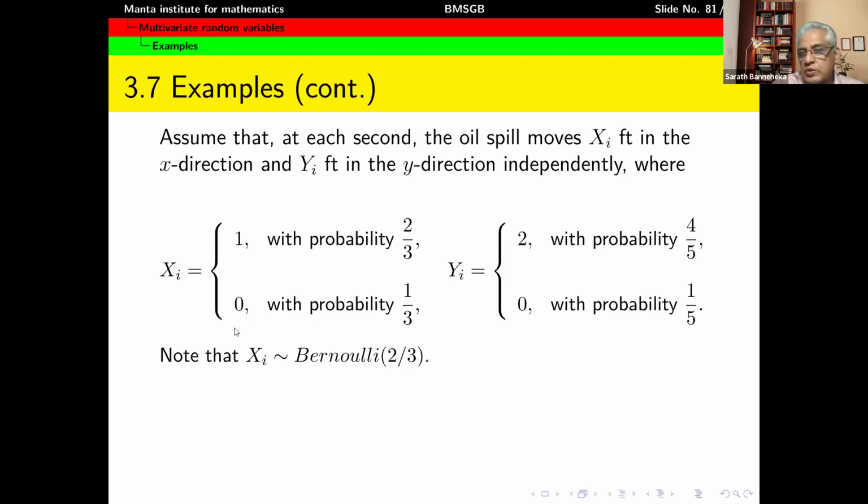Therefore, according to the usual definitions, that's called a Bernoulli distribution, with probability 2 over 3 of success. But yi takes values 2 and 0, therefore it is not a conventional Bernoulli random variable, but it's a discrete random variable with two possible values with these properties. Right. So what we are going to look at is what will be the position after n seconds, where n is assumed to be a large number.